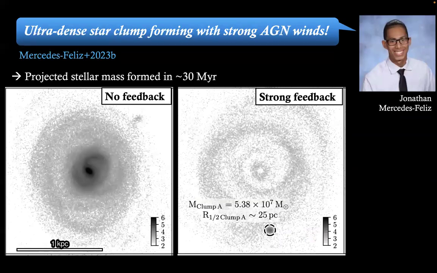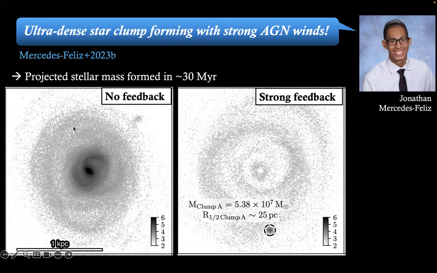Another very fun implication of positive AGN feedback is the plausible formation of very dense star clumps, or perhaps even globular clusters, that we have identified in the simulations. This illustrates the distribution of stars that we see in this galaxy over a period of 30 million years, while very strong quasar winds were shutting down star formation in the galaxy.